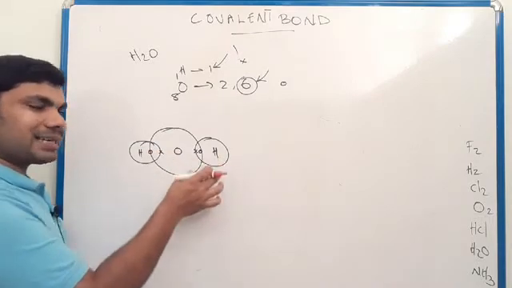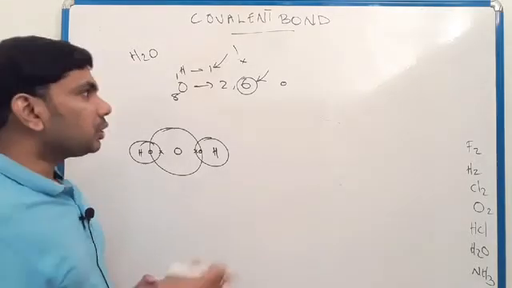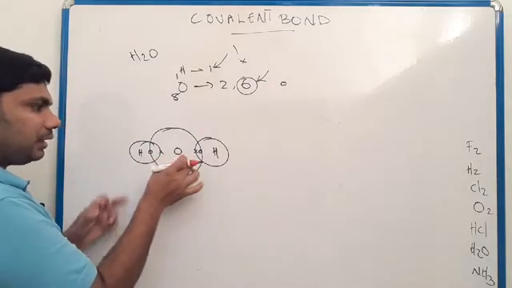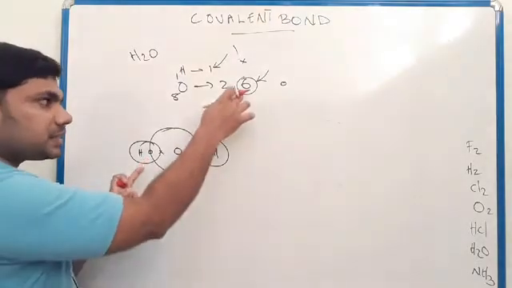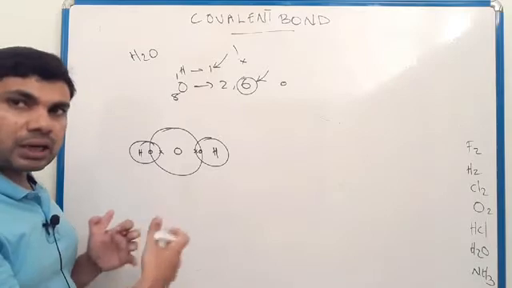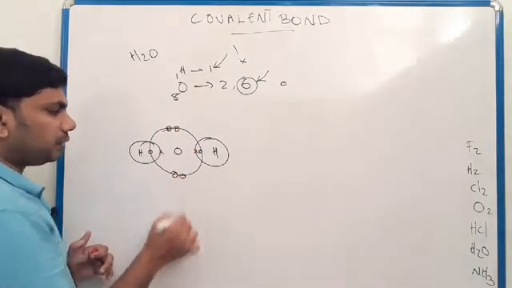Now hydrogen gets 2 electrons in its outer shell. What about oxygen? Oxygen outer shell has 6 electrons. I put here 2 electrons for oxygen. Out of 6 we did 2. How many left? 4 electrons left. These 4 electrons we can put over here.